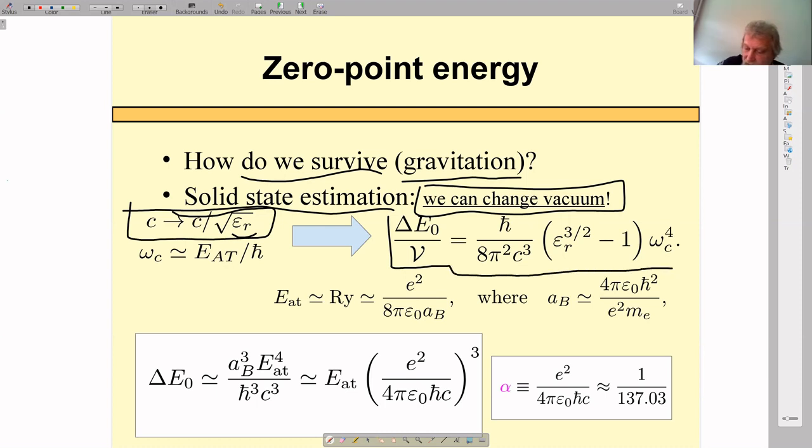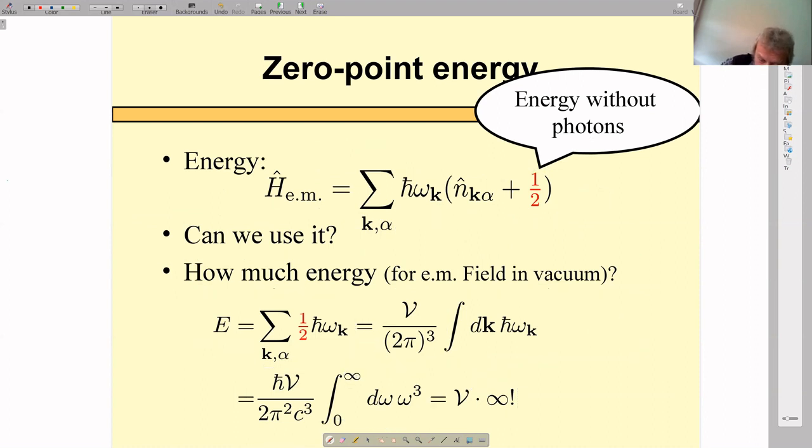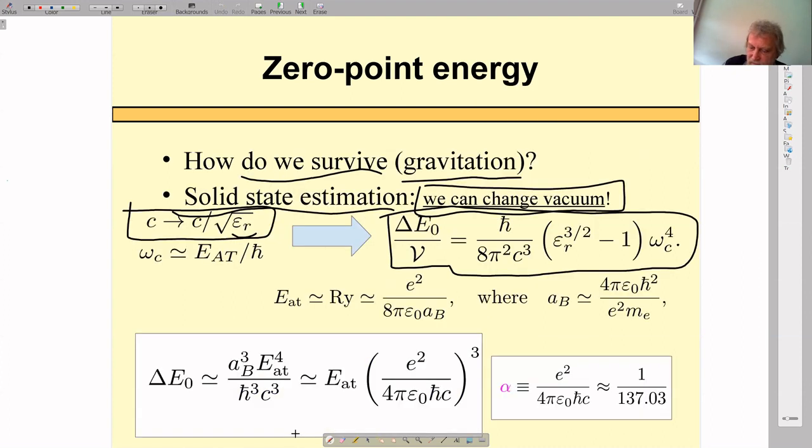I put in some critical value of frequency, so I get frequency to the power 4, and I put this change of c in front of the integral.